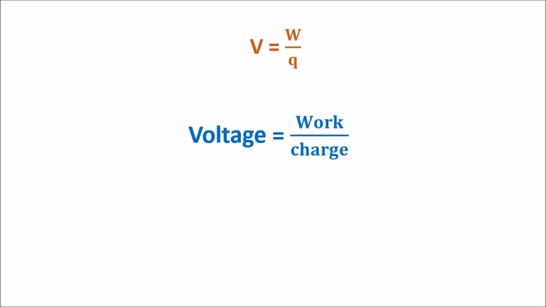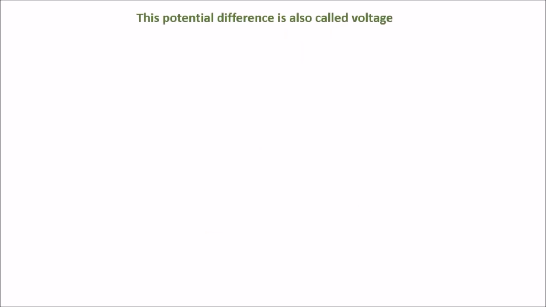In simple words, voltage is the work done to bring charge from one point to another point. V is equal to W by Q. So V is equal to, we have derived the formula for W, that is force into displacement, FeL by Q. These are the formulas you must remember. And this potential difference is also called voltage.